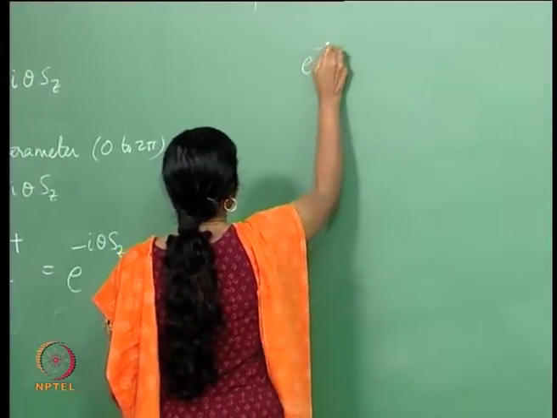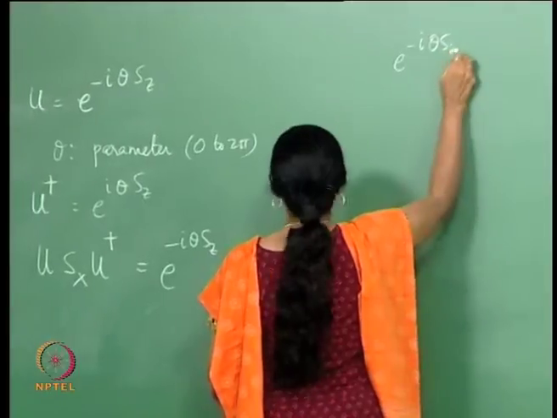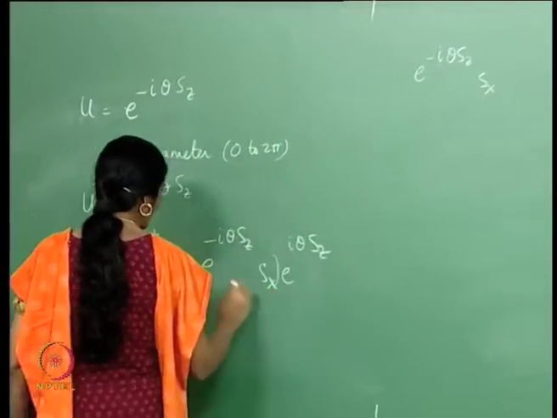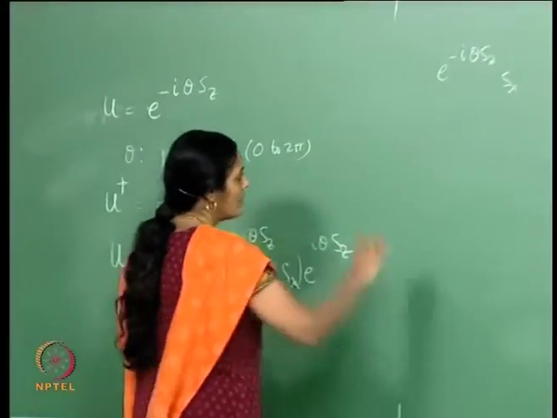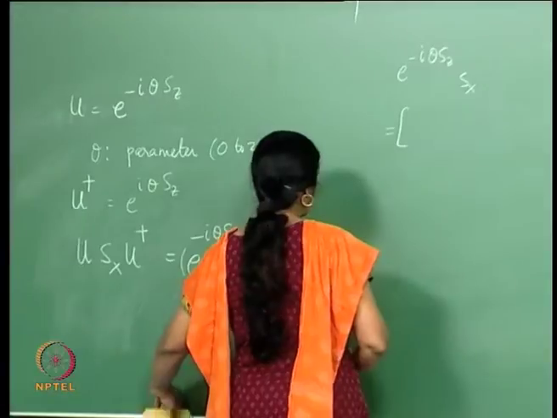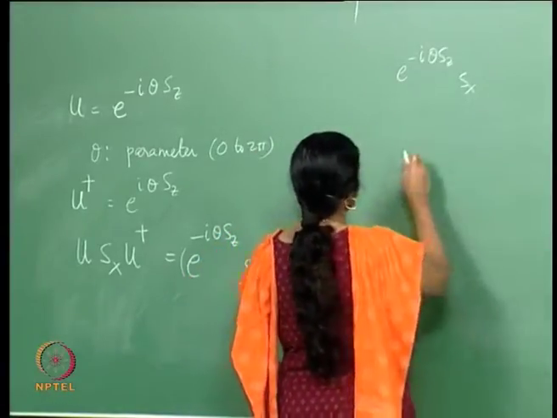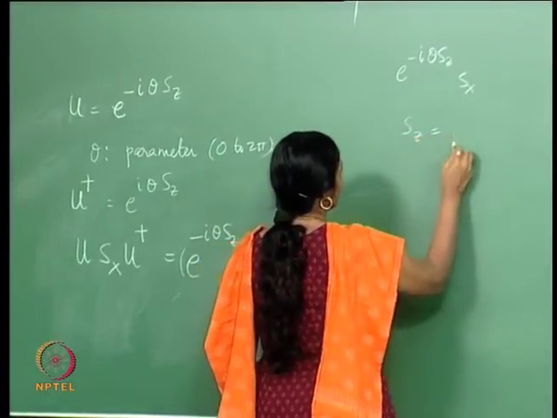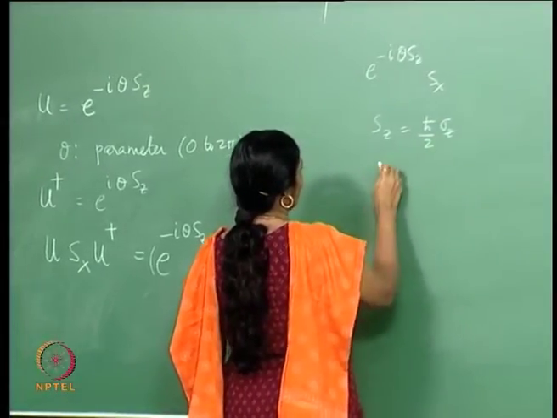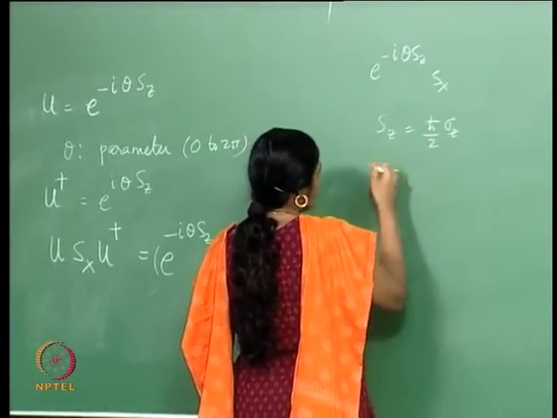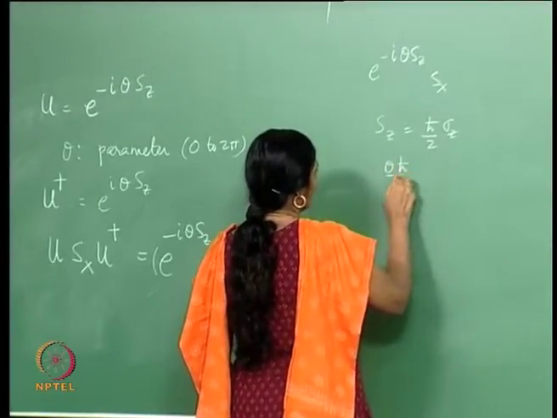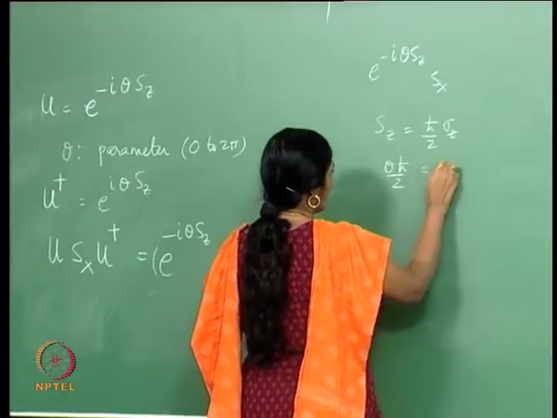So, I first consider e to the minus I theta Sz Sx. I am just looking at this part of it. Make a brute force expansion, but before that I realize that Sz is h cross by 2 sigma z, and just for convenience of notation I am going to call theta h cross by 2 as alpha.